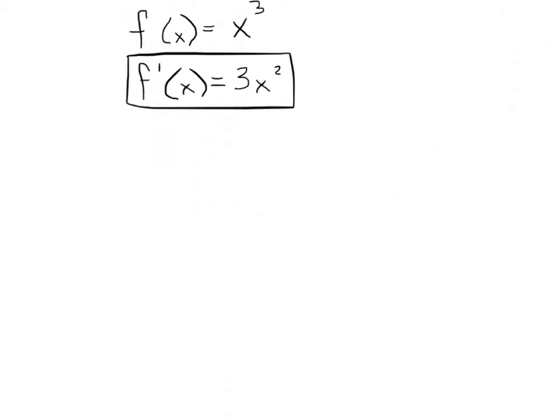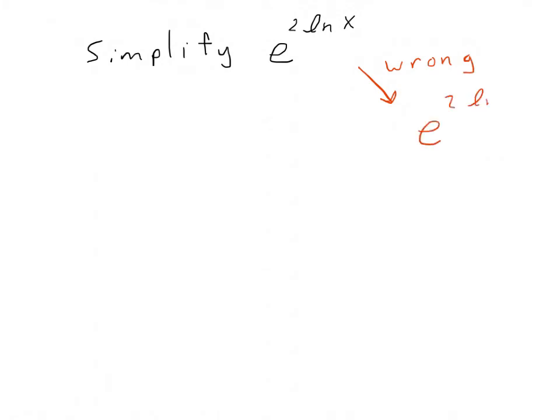So for instance, what if I asked us to simplify e to the 2 natural log of x? Some people will mistakenly say, well, if I have e to the 2 ln x, I could just cancel the e with the natural log, and I get 2x.